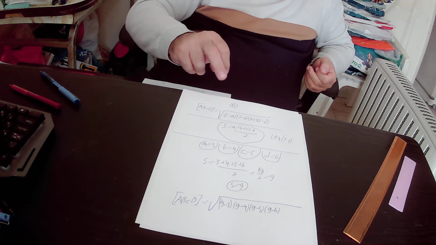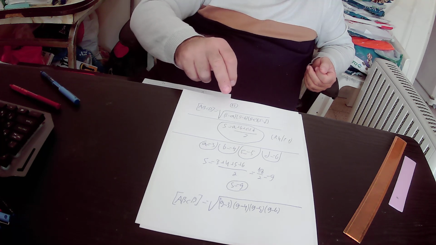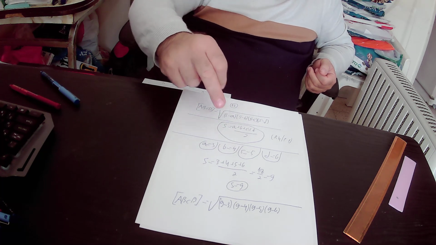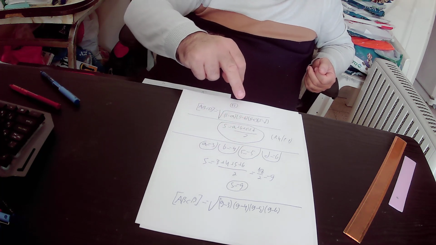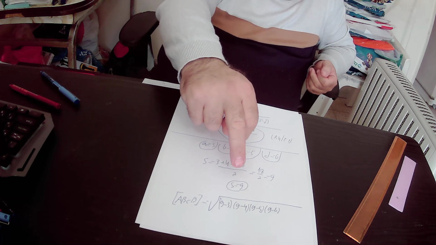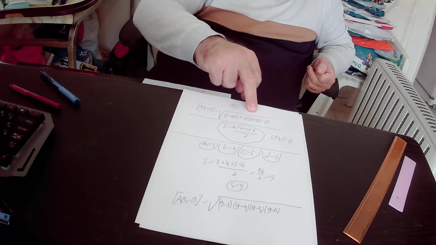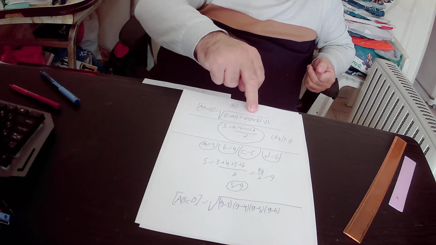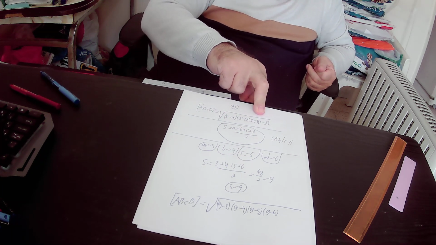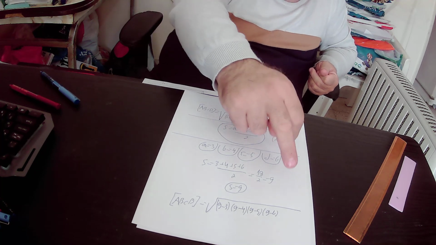We substitute s by 9, and we get that the area of quadrilateral ABCD equals the root of s minus a, which is 9 minus 3, s minus b, which is 9 minus 4, s minus c, which is 9 minus 5, and s minus d, which is 9 minus 6.